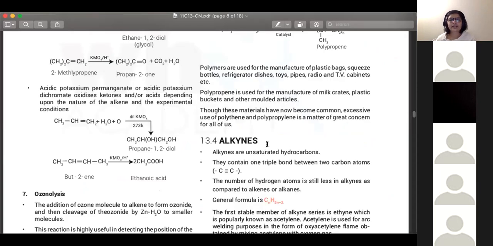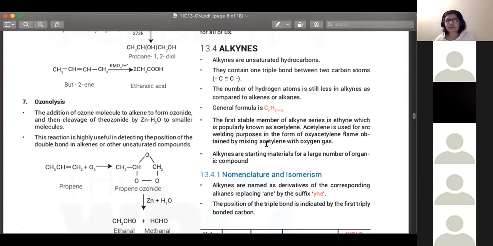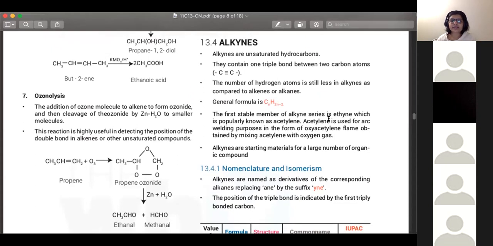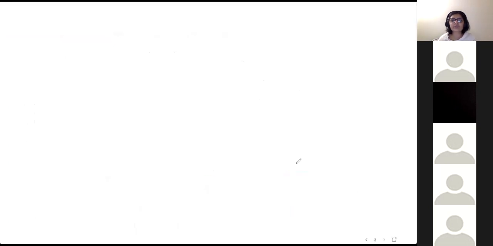Now coming to alkynes, this is the other unsaturated hydrocarbon. If I take ethyne, how many sigma bonds and how many pi bonds? 3 sigma bonds and 2 pi bonds. Very good. Ethyne is the first member of the alkynes. It has 2 carbon atoms connected by a triple bond.